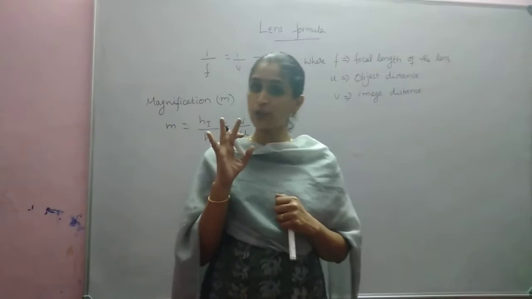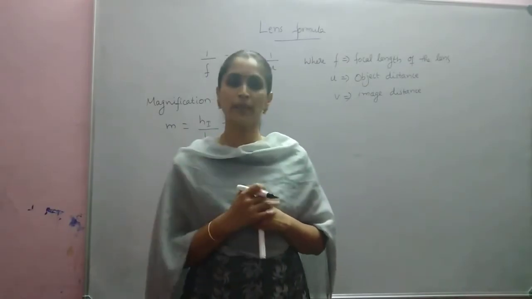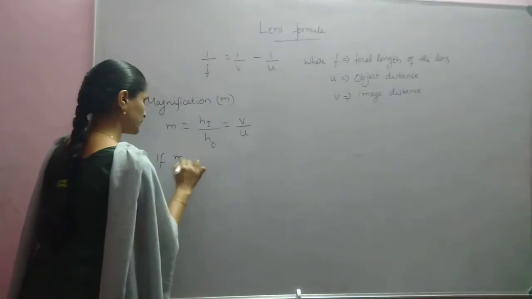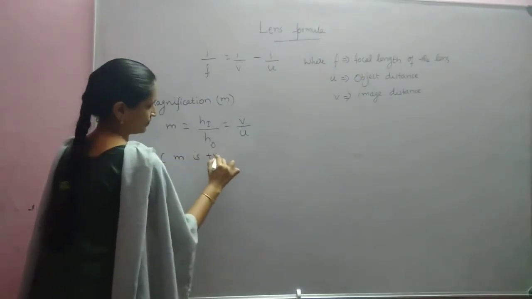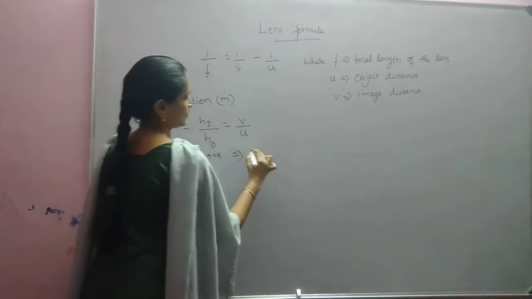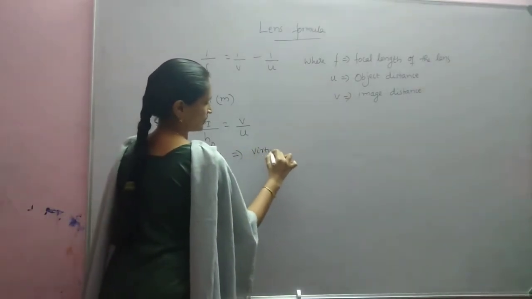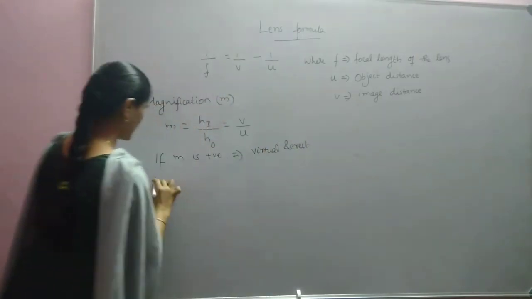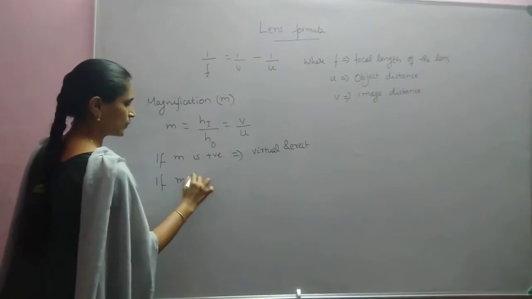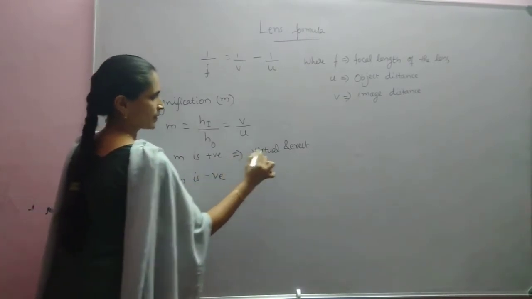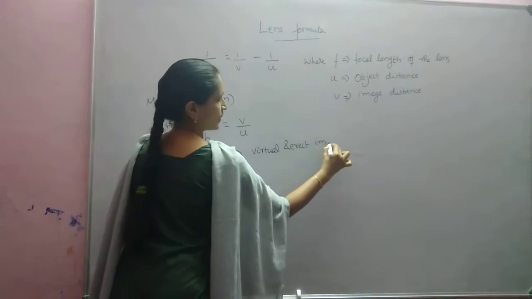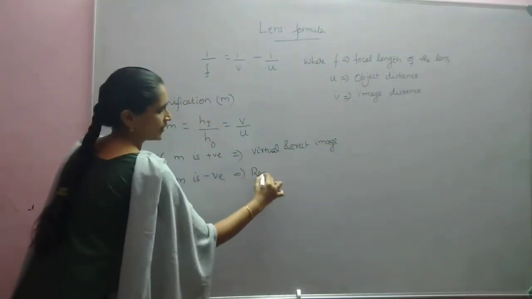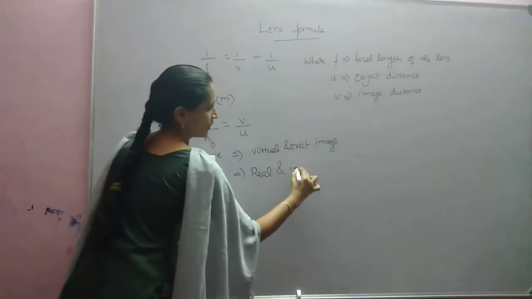By knowing the value of m, we can say which type of image is there. If m is positive, the image is virtual and erect, and if m is negative we can write real and inverted image.